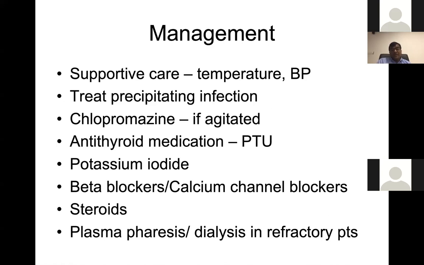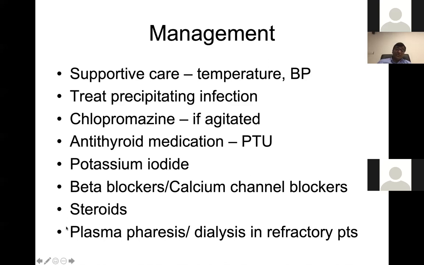Beta blockers are very useful because they will reduce the effects on the heart. And also if the patient has asthma or a contraindication to beta blockers, calcium channel blockers like diltiazem, verapamil, unless the patient has very severe heart failure, are all useful.